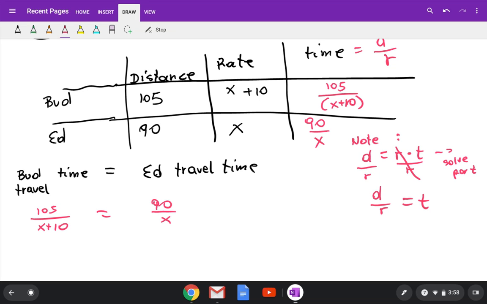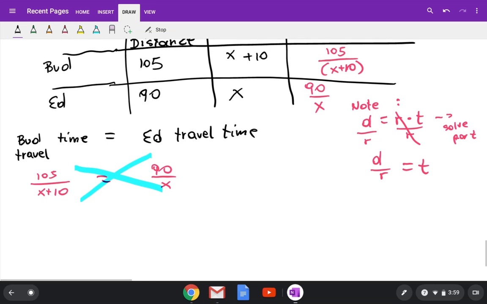We use the information that the times of both motorcycles are equal. This is nice because we have a proportion, so solve it using cross multiplication. We end up with 105 times x equals 90 times (x + 10), and if you see an expression, always keep it in parentheses.